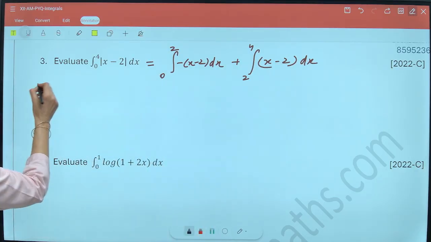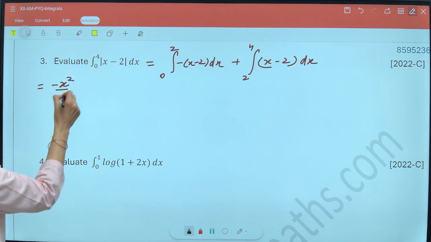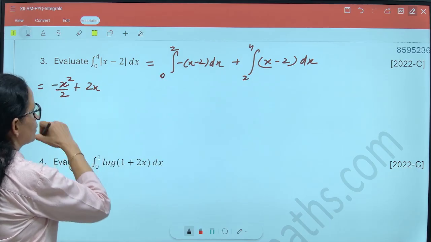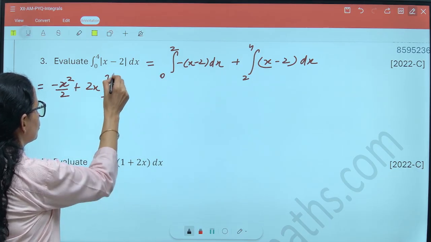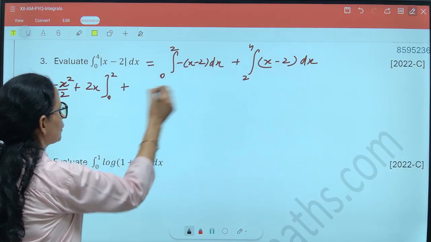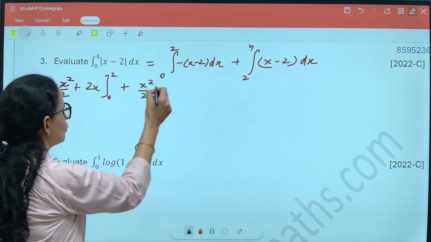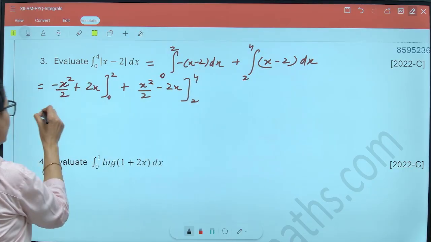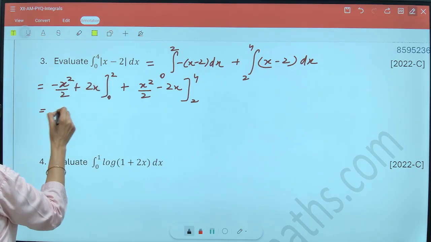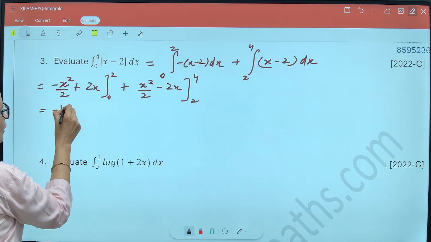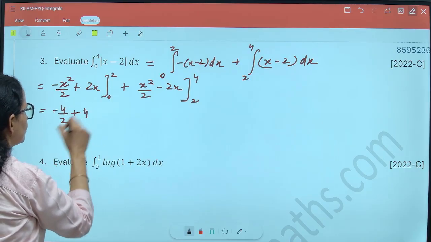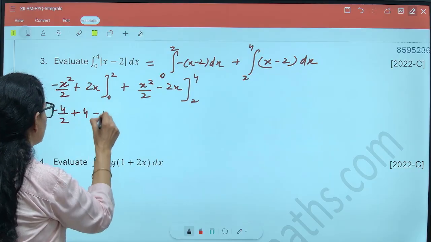Now this question is very easy to integrate. Minus x square by 2 minus 2x plus 2x, okay, and then limited by 0 to 2, plus integral of x minus 2 is x square by 2 minus 2x, and this is also limited by 2 to 4. If you put the value of x as 2, it becomes minus 4 by 2 plus 2 twos are 4 minus 0.